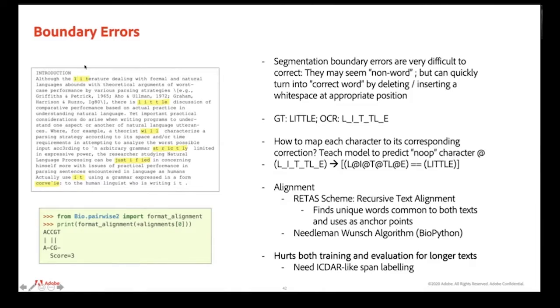If you map L to, let's say, the token literature, that is difficult to correct. So we introduced something like the noob characters, where we add these noob characters to the ground truth itself, so that the character level BERT model learns that the space between L and I in OCR should be mapped to a noob character, or should be corrected to a no character.